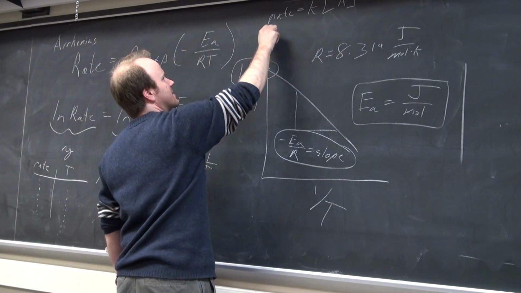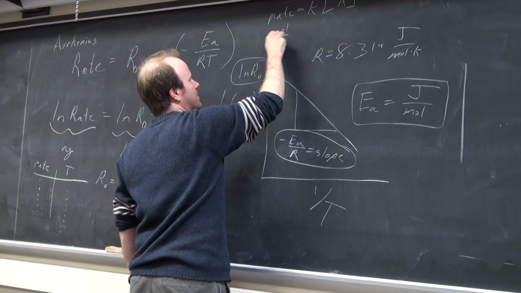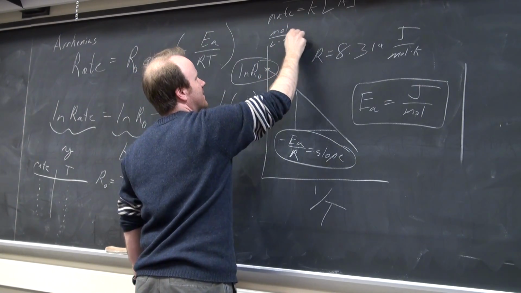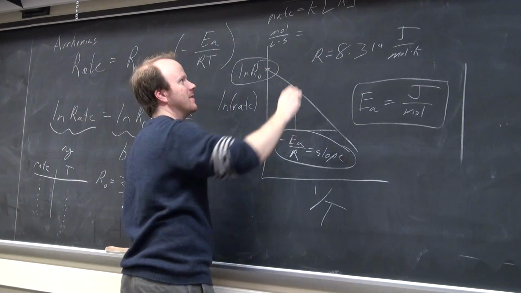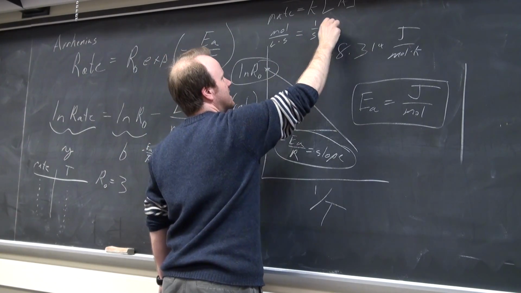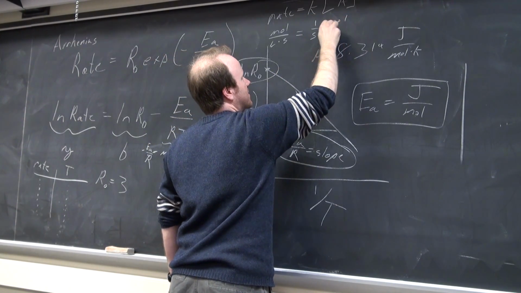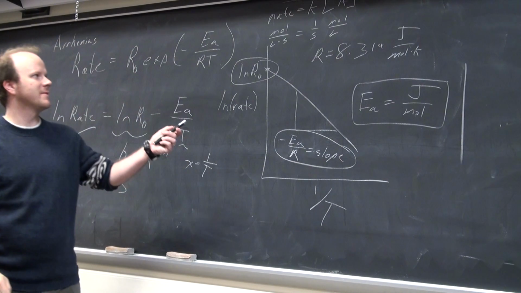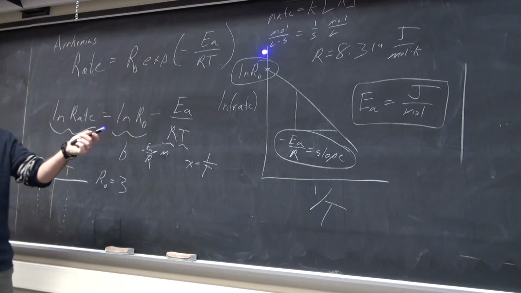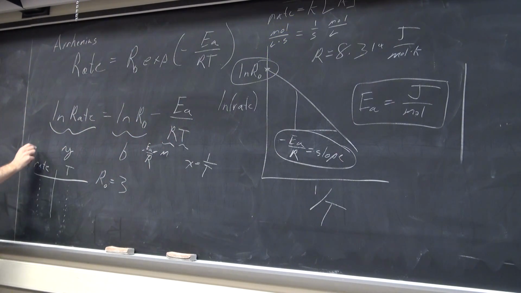So a rate is mole per liter times second, right? 1 over seconds, mole per liter. And so if I give you a rate in mole per liter per second, you would have to convert that to particles per second or something. You'd have to use Avogadro's number to get out of moles to use k.